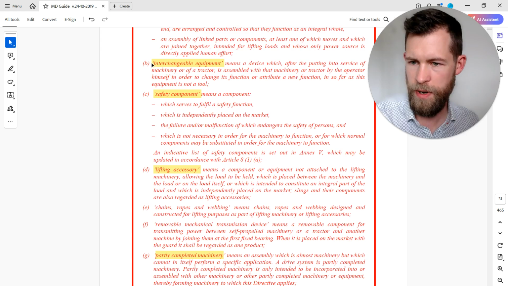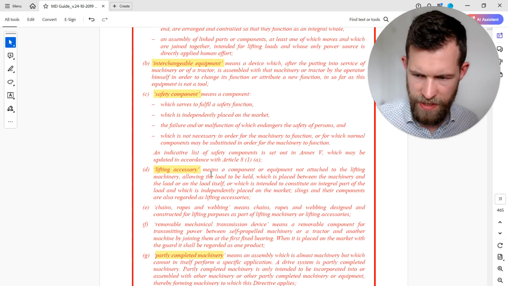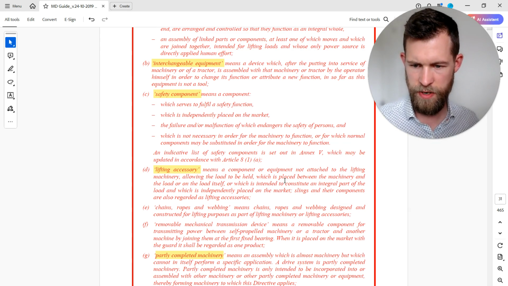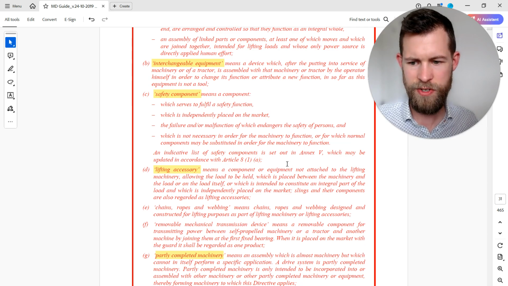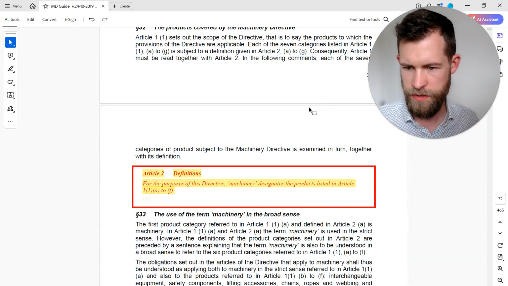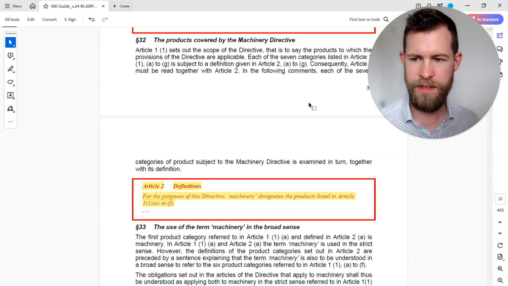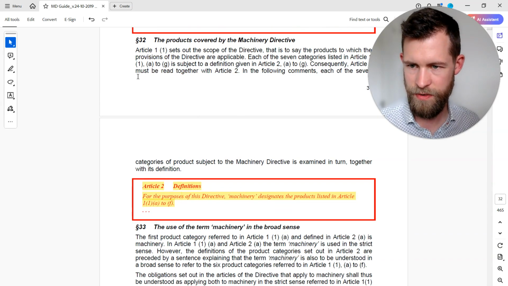So the directive applies to interchangeable machinery. You've got a bit of a description of what that is. Safety components, lifting accessories, including chains, ropes, and webbing. So it's not just machinery that we're talking about in here. But if we were to find definitions and expand on those, this is the document that you want to seek out, you want to look for.